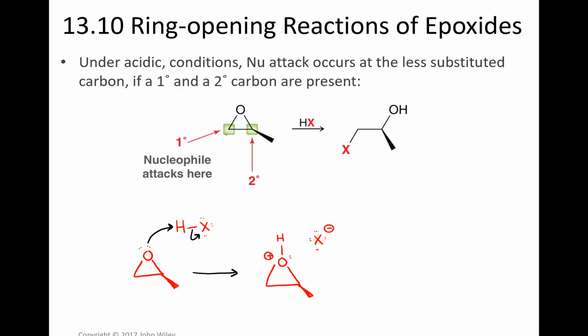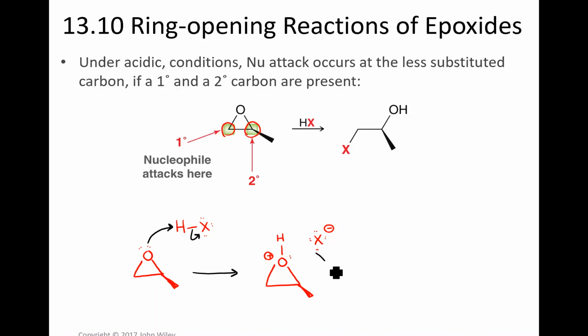And now the nucleophile, which is the halide anion, will do a nucleophilic attack. When you have a primary versus a secondary carbon, the regioselectivity is governed by steric hindrance.